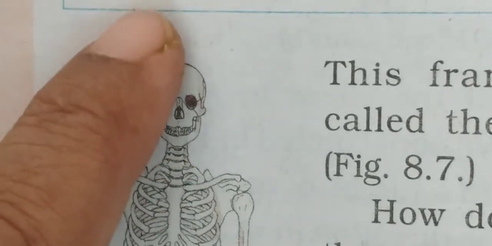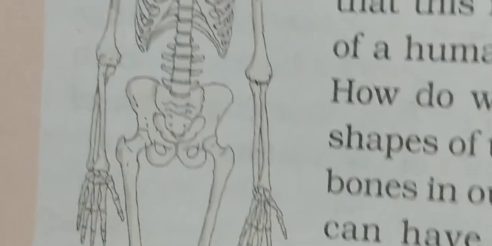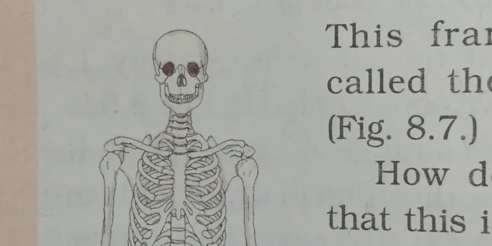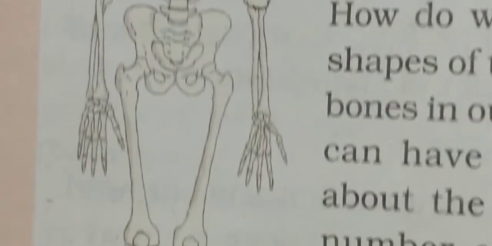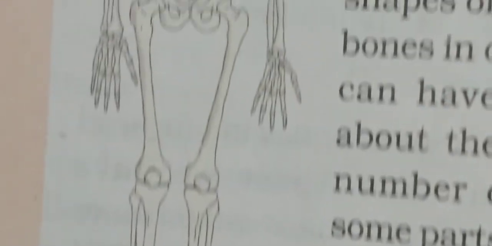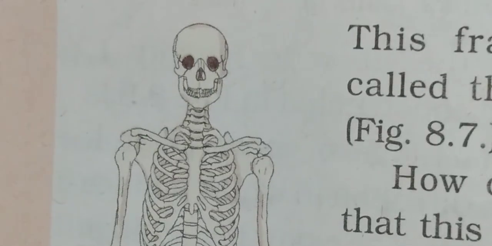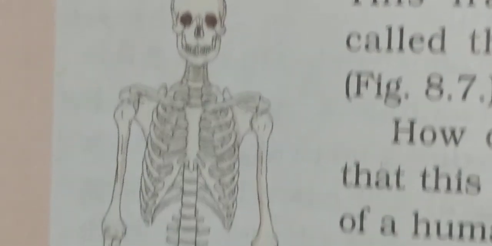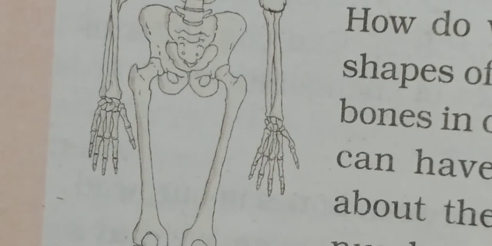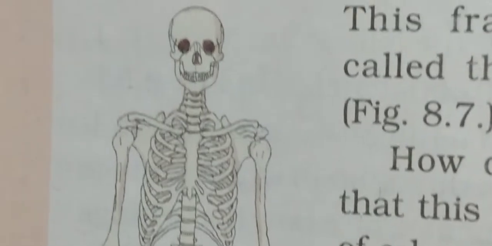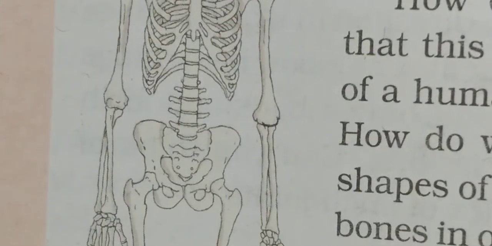So different types of joints you can see in this framework, and this is that framework which gives shape to our body, which allows us to stand erect, and the joints allow us to move our body parts.